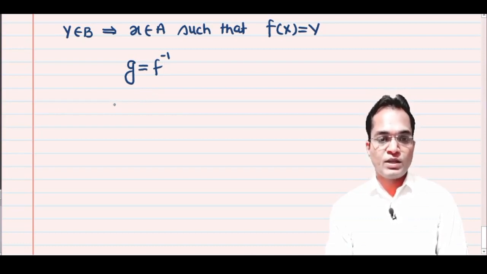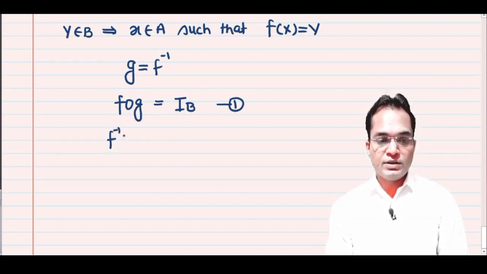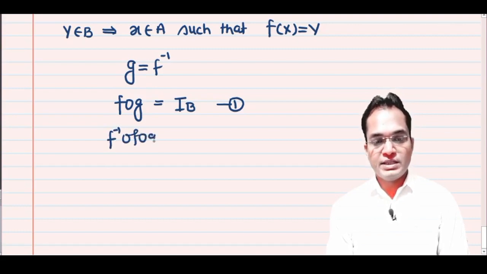Then as we know, f of g is equal to I_B. Yes or no? This is the given statement. Now taking f inverse function on both sides, it is f inverse of I_B. Yes or no?